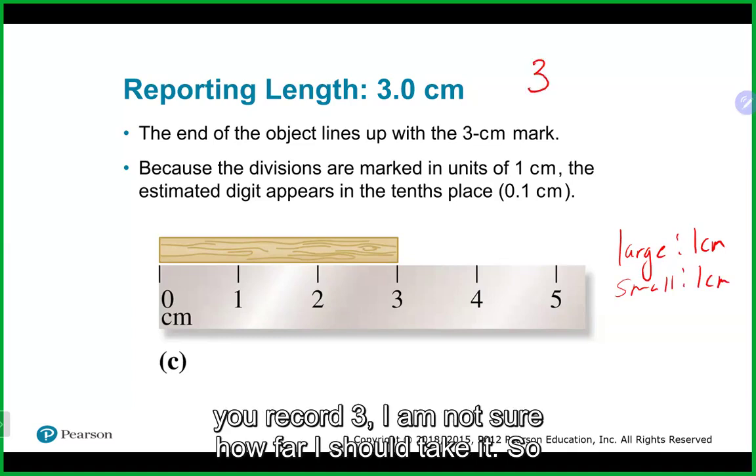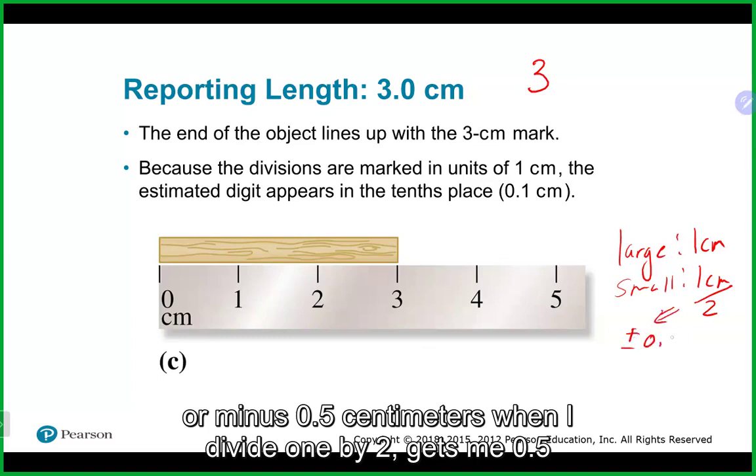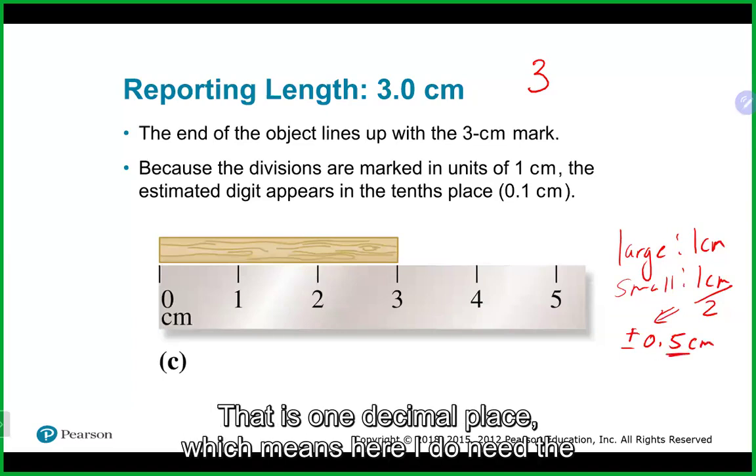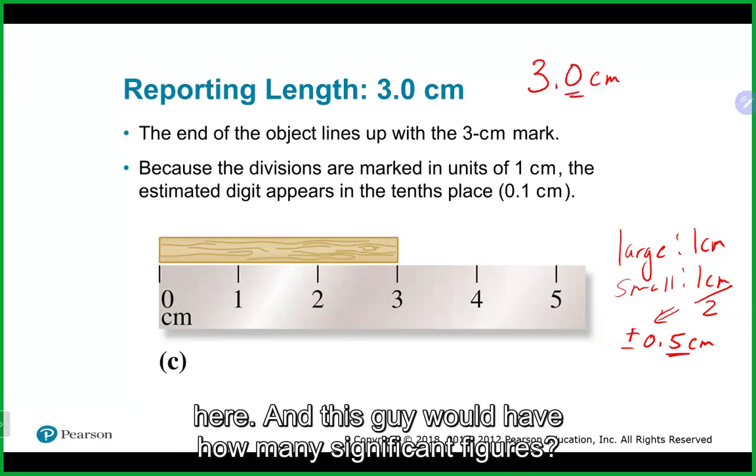If you record 3, I am not sure how far I should take it, so maybe I should divide that by 2. That tells me plus or minus 0.5 centimeters. When I divide 1 by 2, I get 0.5. That is 1 decimal place, which means I do need the 0 to be recorded. That would be my uncertain digit here.